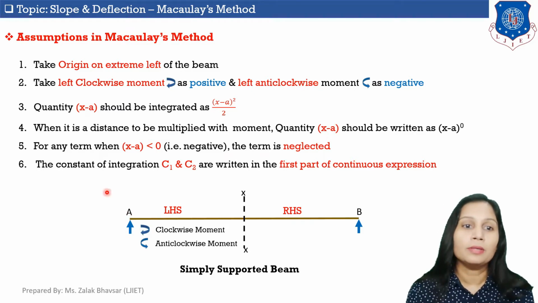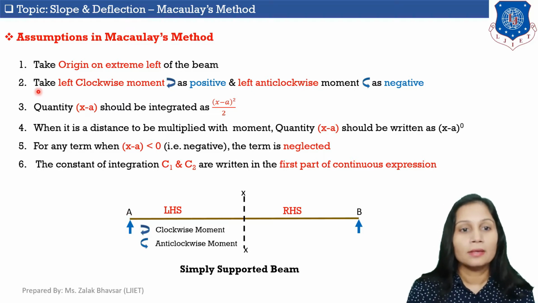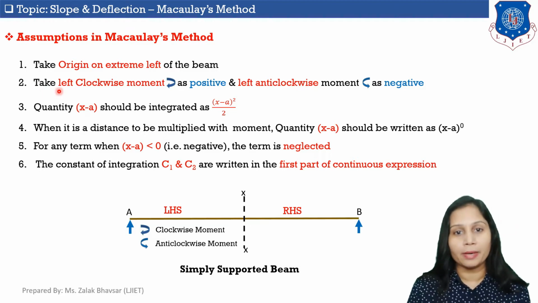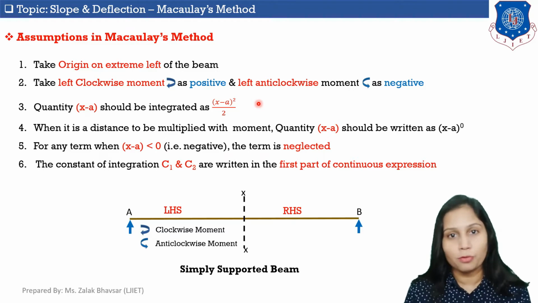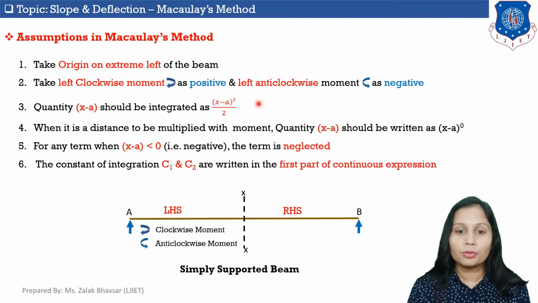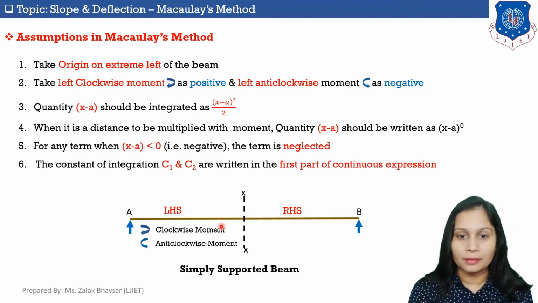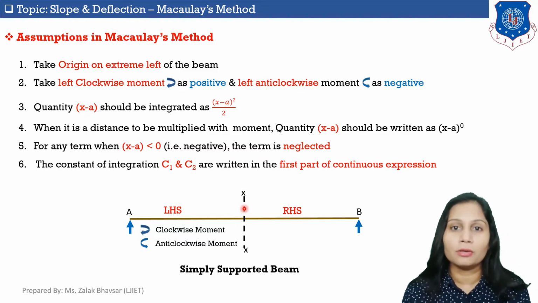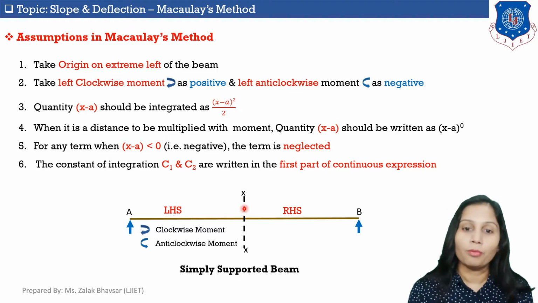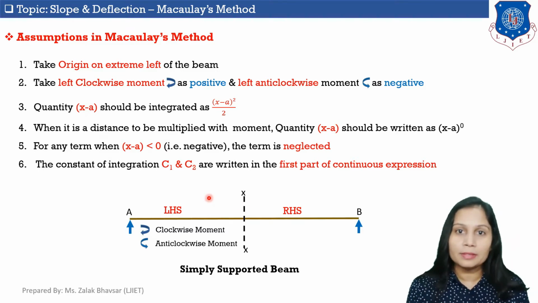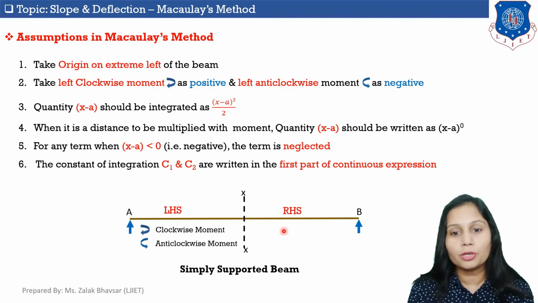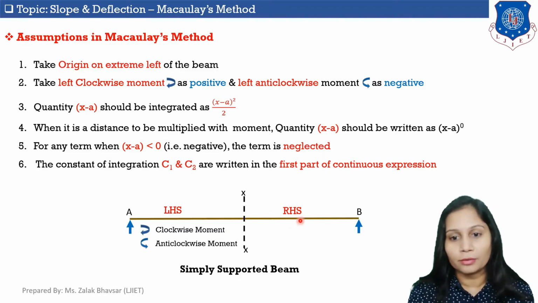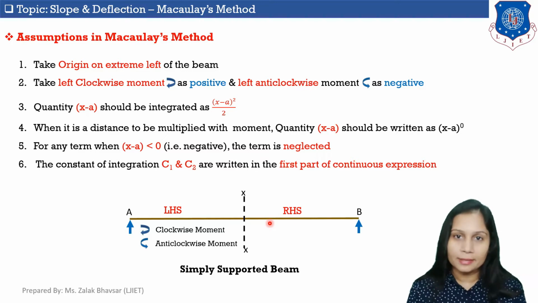Okay, now the next assumption is take left clockwise movement as positive and left anti-clockwise movement as negative. So here again look at this figure. This dotted line XX is a section of this beam and the portion of the beam on the left hand side of this section is called LHS and the portion of the beam on the right hand side of this section line is called RHS.